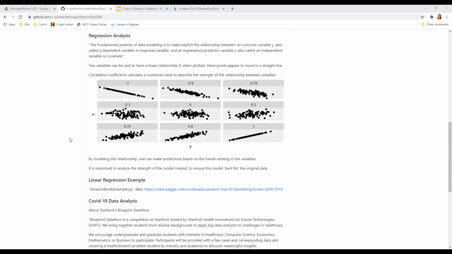There's also multivariate regression, which has a little bit more to it. But our project submission just focused on linear relationships between data.